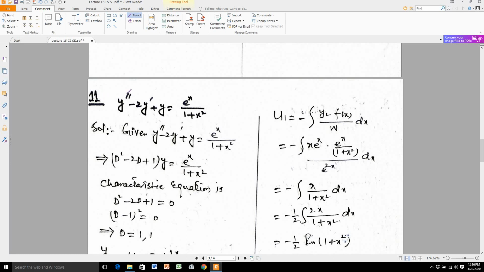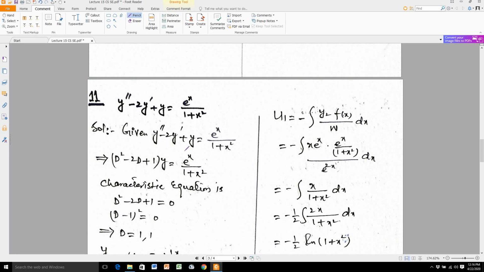Question number 11. y double prime minus 2y prime plus y is equal to e raised to the power x divided by 1 plus x square. So the solution is, you convert this differential equation by using differential operators. You get d square minus 2d plus 1 into y is equal to e raised to the power x divided by 1 plus x square.